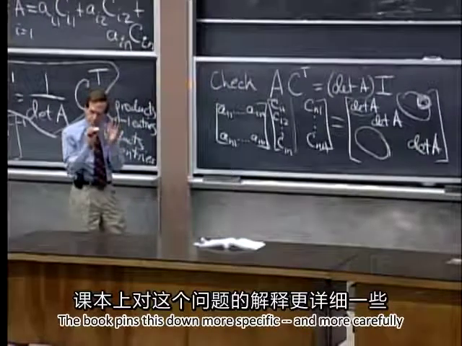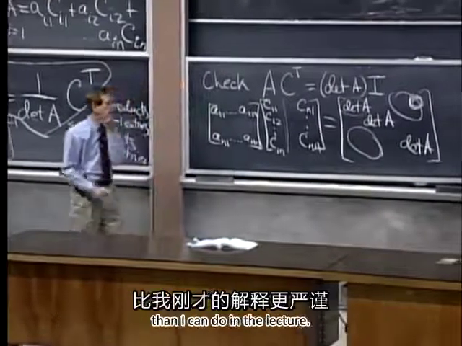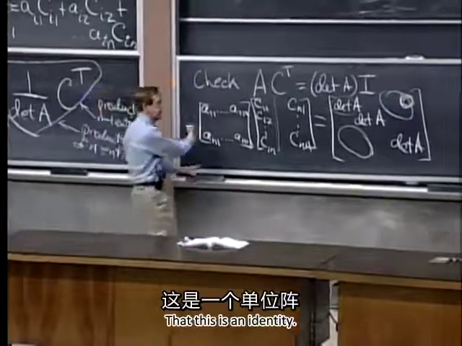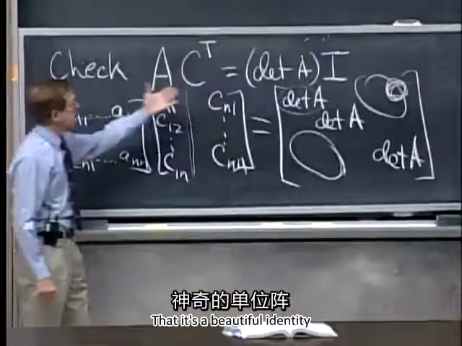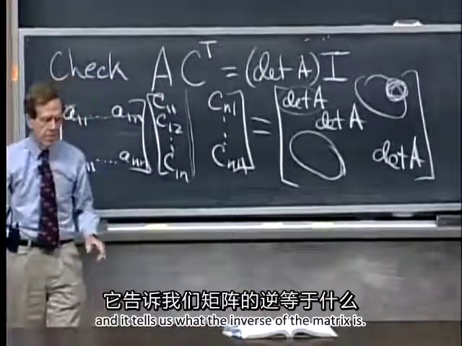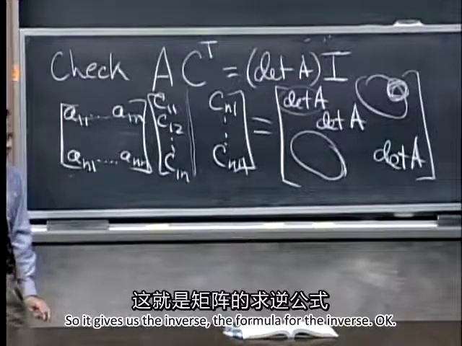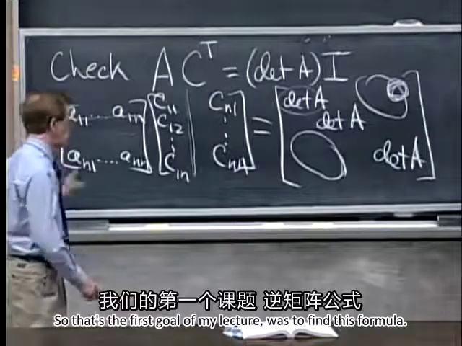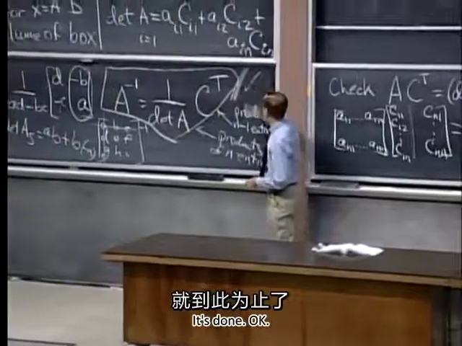The book pins this down more carefully than I can in the lecture. I hope you're seeing the point: this is a beautiful identity, and it gives us the formula for the inverse. So that's the first goal of my lecture, to find this formula. It's done.